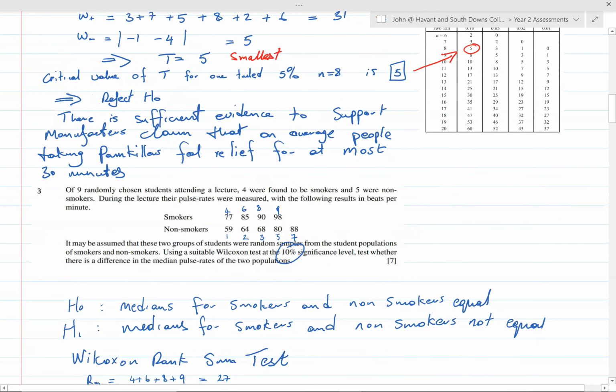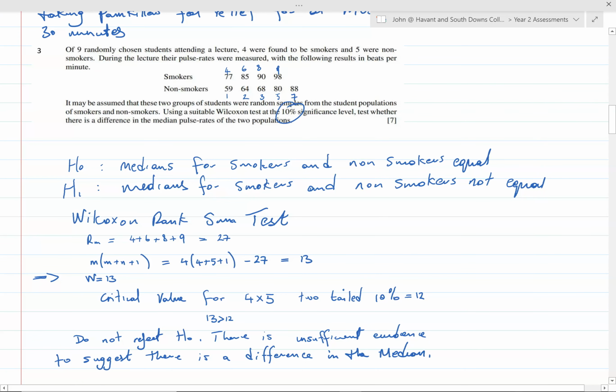Right, the third question is a Wilcoxon rank sum test. Here we've got results from two different types of people, smokers and non-smokers, and we were testing the pulse rate in beats per minute.